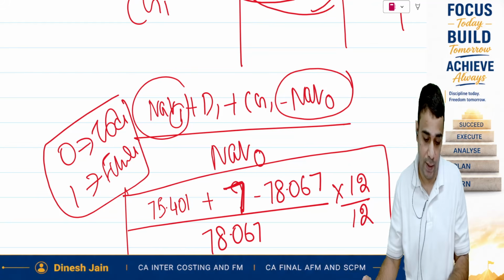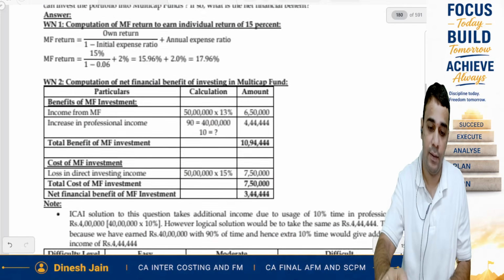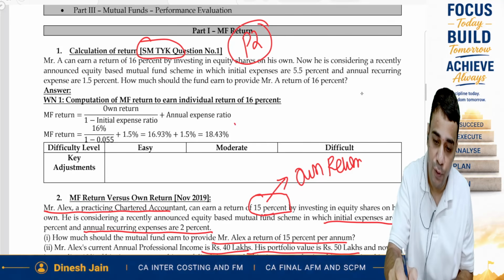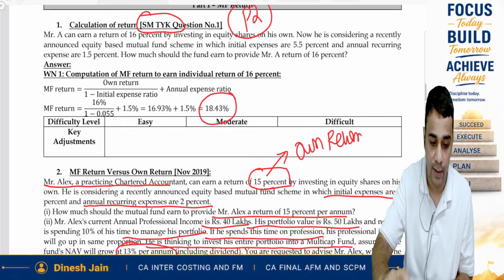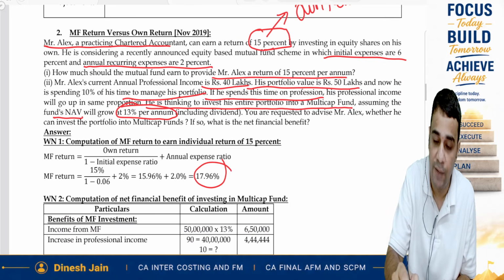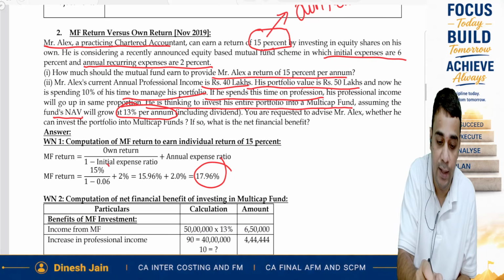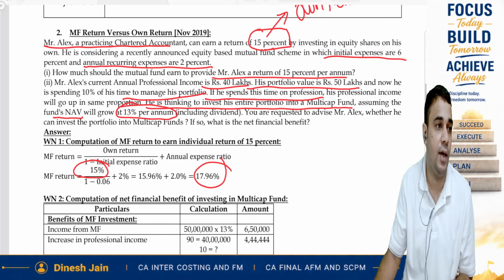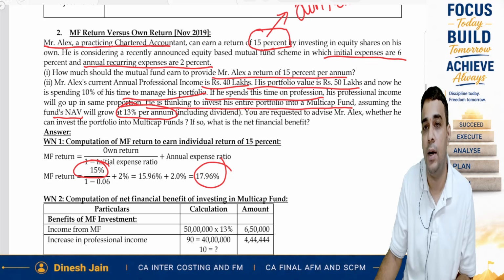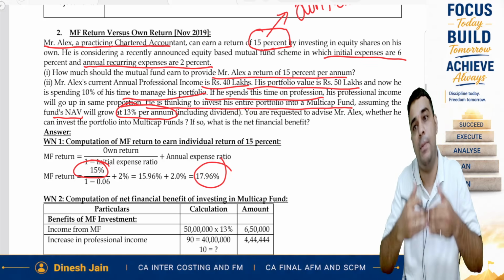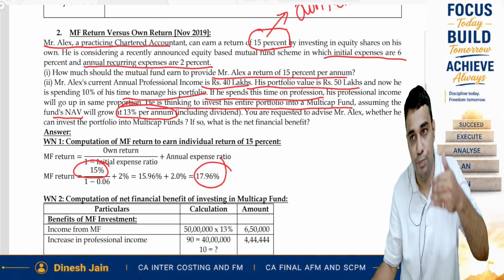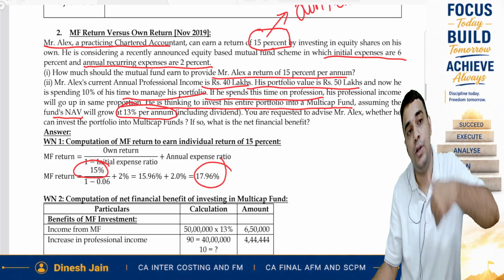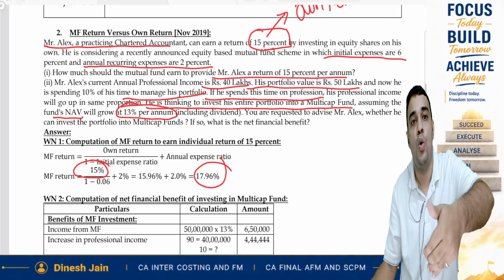For example, I give you 17.96 and tell you to reverse work the 15 number. I give you the mutual fund return and you are required to calculate the own return.